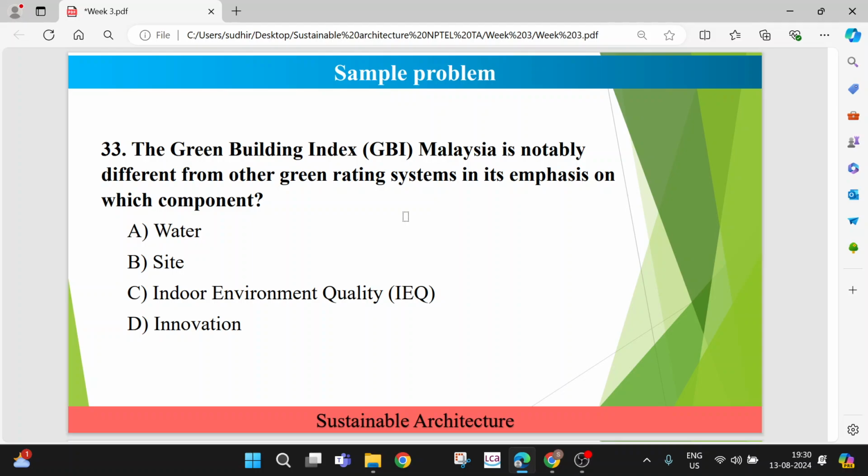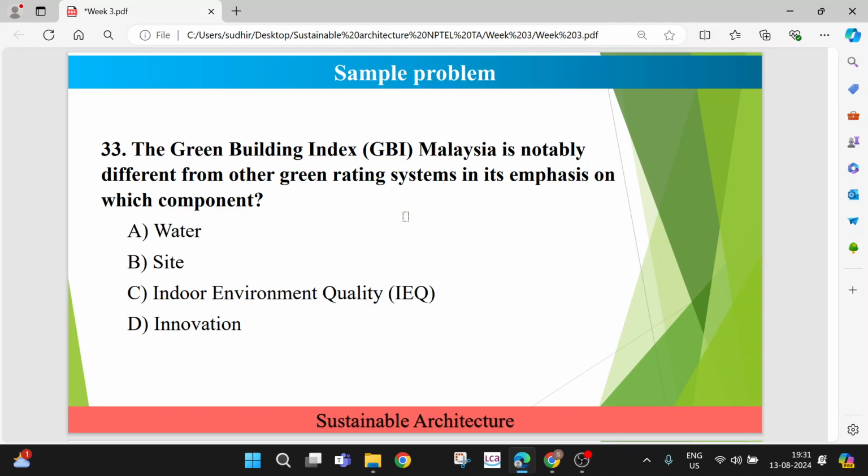While energy remains a primary focus across various rating systems, GBI Malaysia distinguishes itself by giving substantial importance to factors that affect the health and comfort of building occupants, such as air quality, lighting, and acoustic performance. This emphasis on IEQ highlights the system's recognition of the critical role that indoor conditions play in overall building sustainability. That's why it is regarded as different from other green building rating systems. Is it fine?